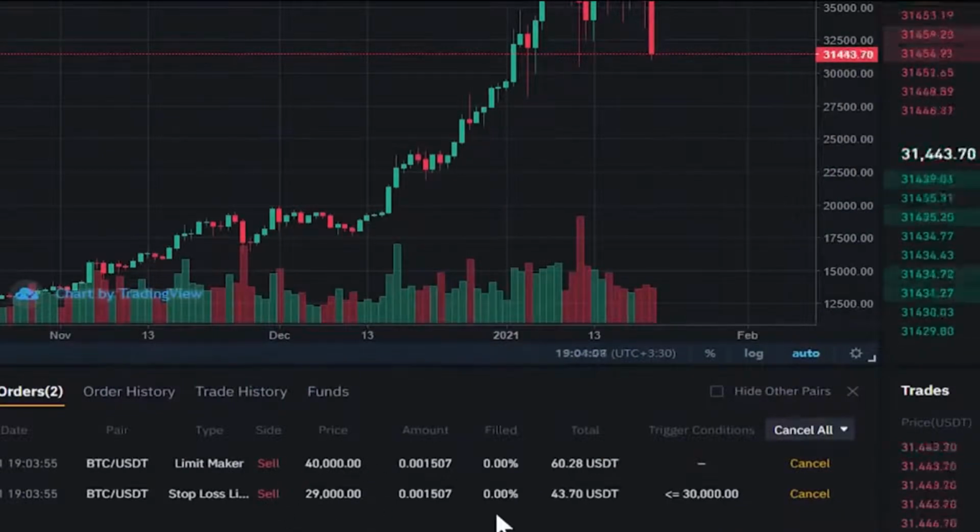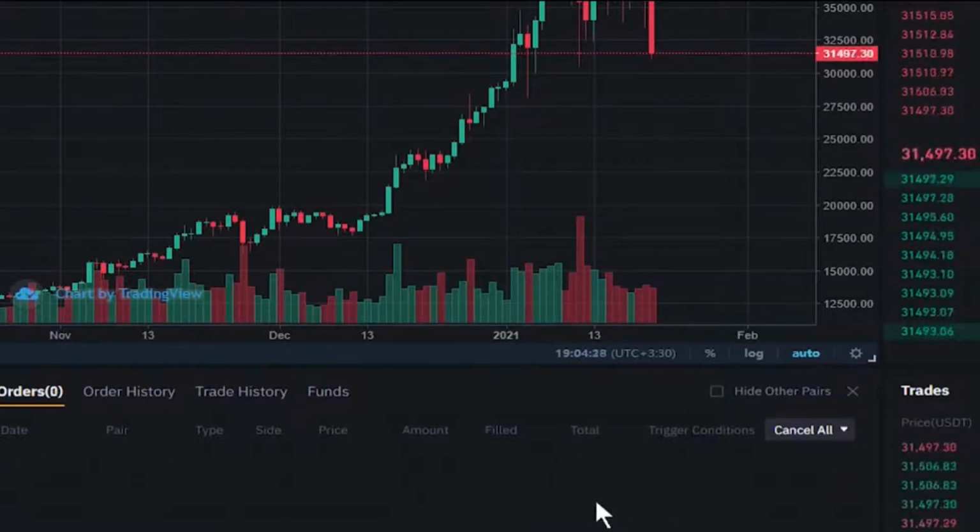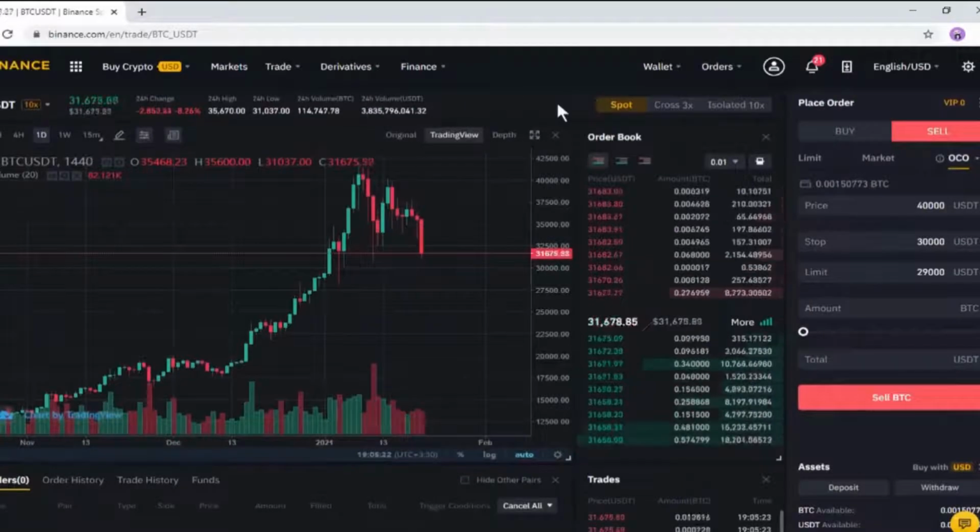Pay attention that when any of these orders is triggered, the other order will be canceled automatically. And if you cancel one of them, for example, if I cancel this one, you see that the other order also will be canceled. Alright, until now you learned how to place different types of orders in this trading exchange and in what situations they are helpful.